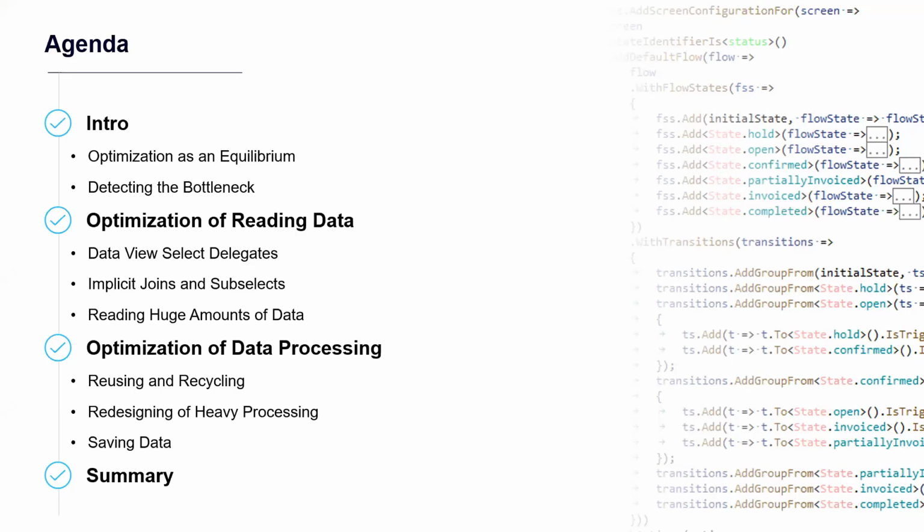And after that, we will go specifically through some frequently encountered issues and ways to improve the situation. And we'll just conclude with a short summary. Now, let's go ahead and start.